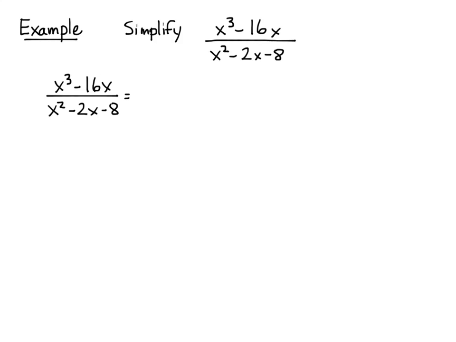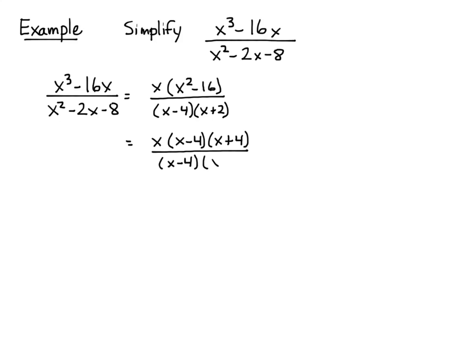Okay, so let's say we have an expression here that we're trying to simplify, and so what we'll do is we factor it and factor it some more. You see how that x squared minus 16 can factor, and so now we have like factors here. This x minus 4, they're the same factor.